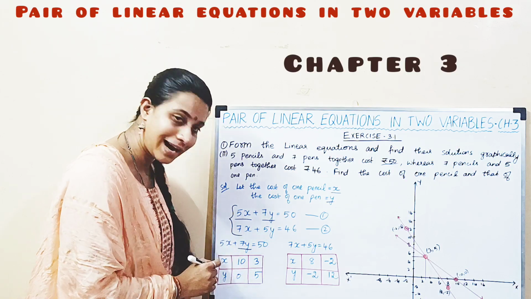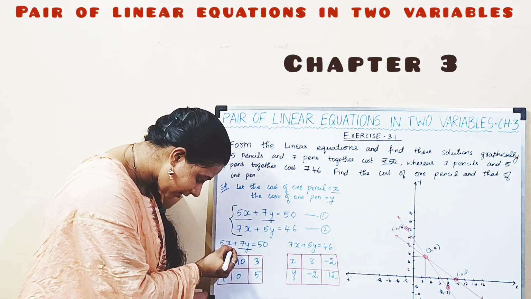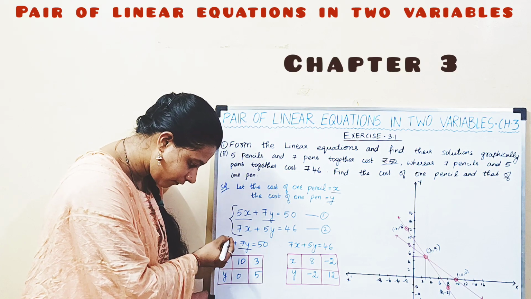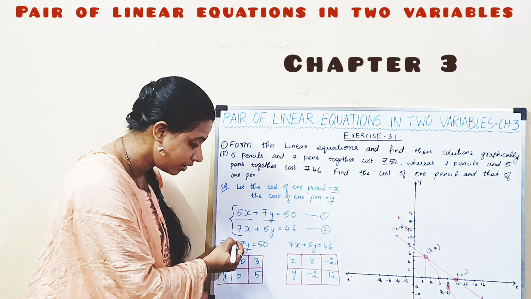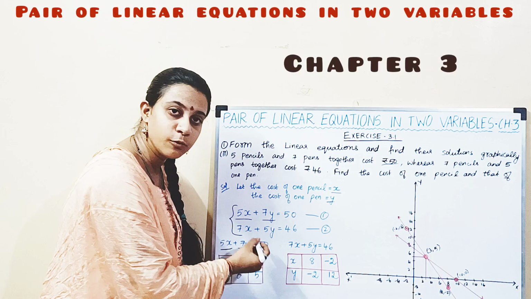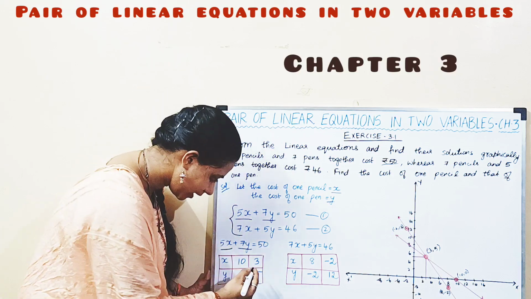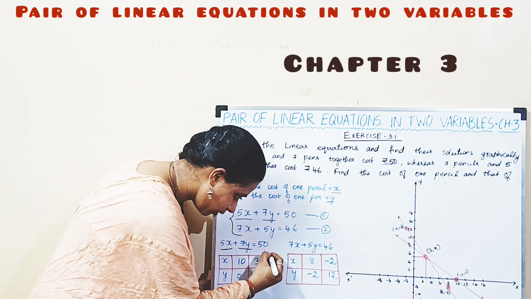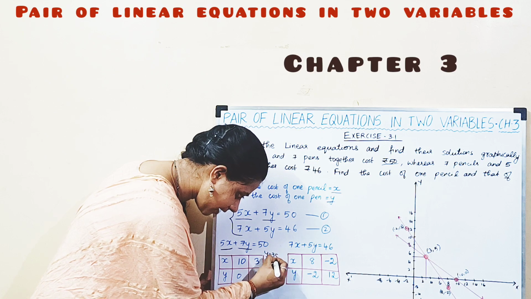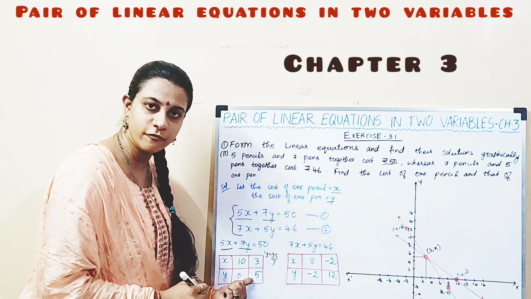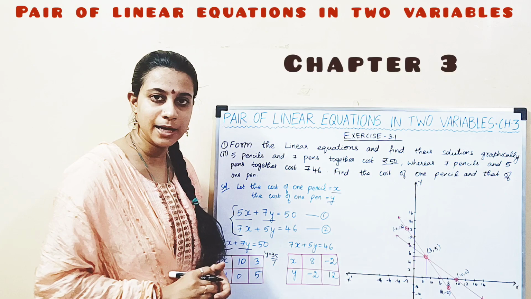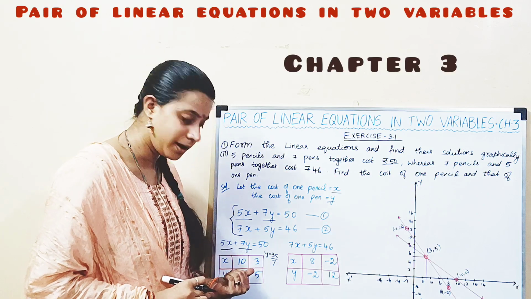If we substitute 3 in place of x, we get 5 into 3, 15. So 50 minus 15 would be 35. So y is equal to 35 by 7, which is nothing but 5. So the second point we are getting is (3, 5).